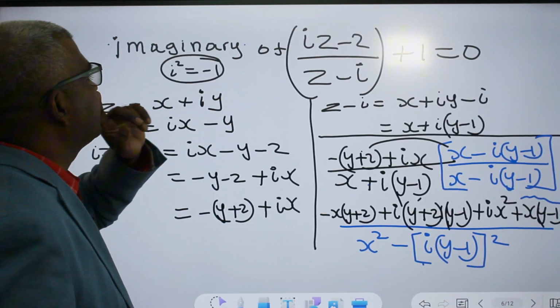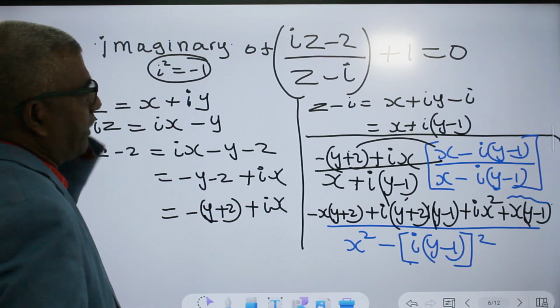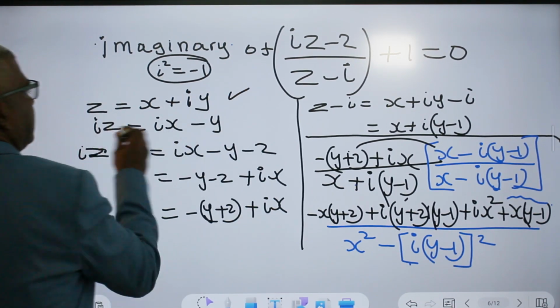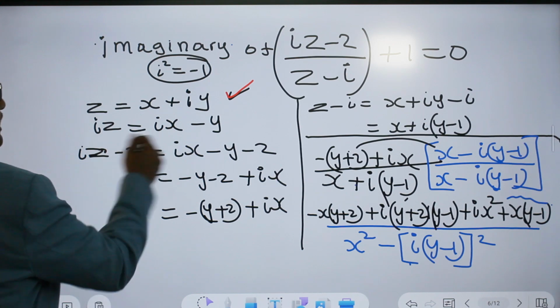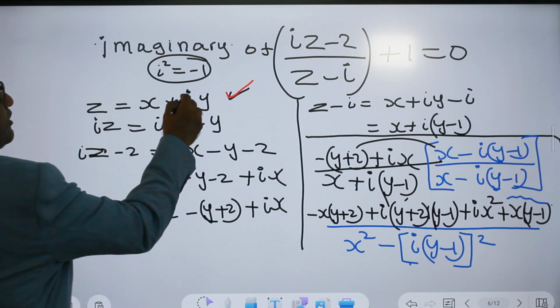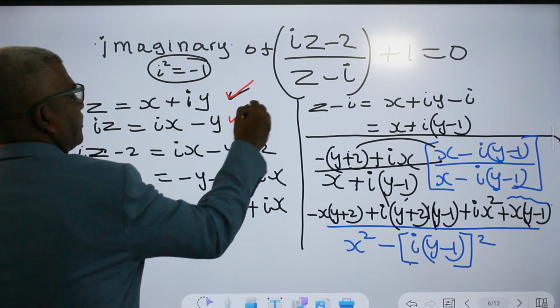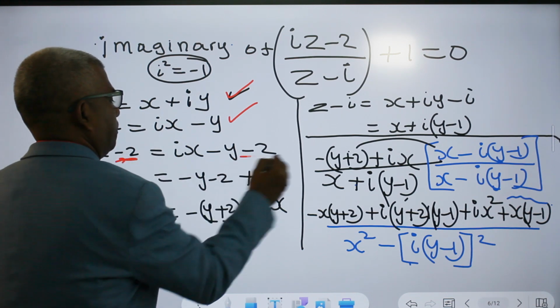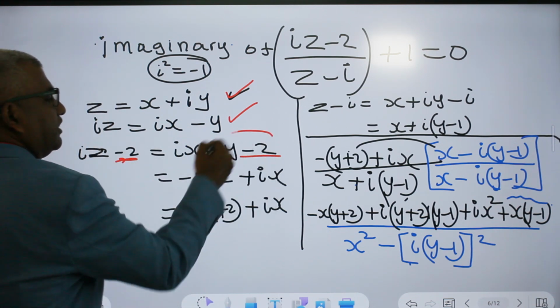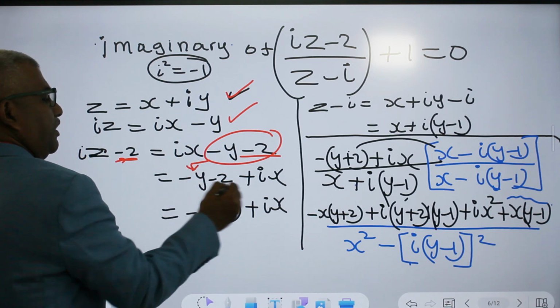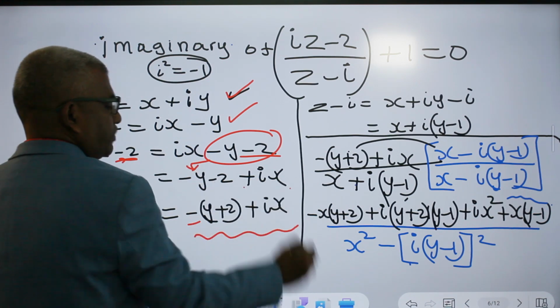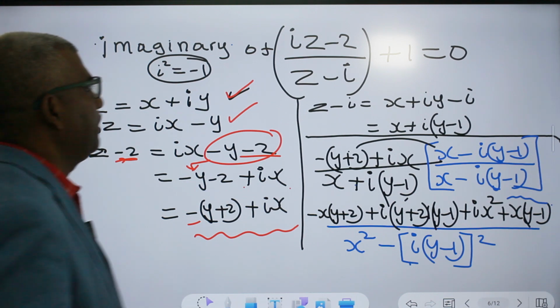Imaginary part of iz minus 2 over z minus i plus 1 equal to 0. Z is equal to x plus iy, iz is ix minus y, since i squared is minus 1. Iz minus 2, I rearrange this as minus y plus 2 plus ix, which looks like a complex number in a plus ib format.